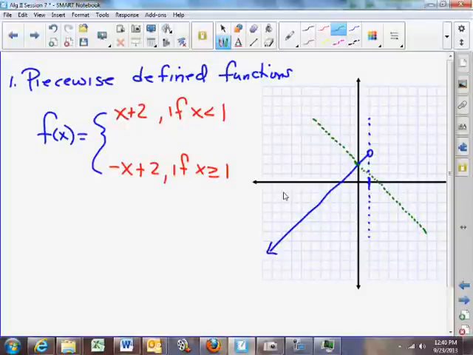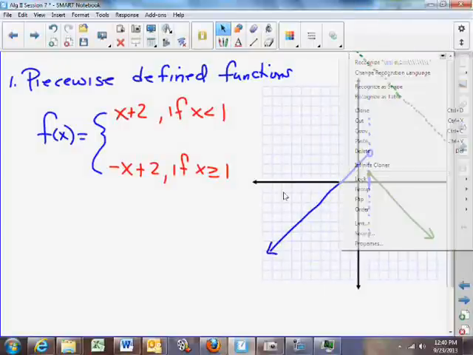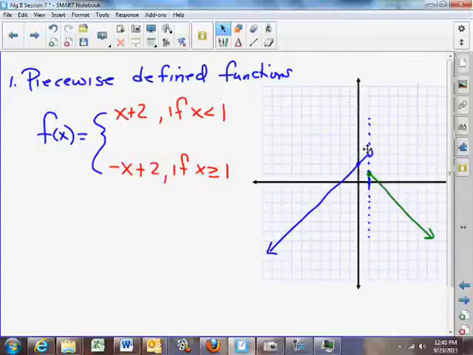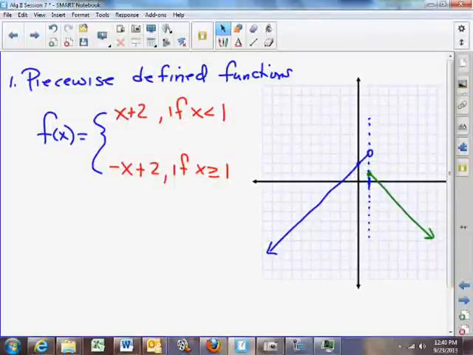Once again, we're going to use that only to the right, at 1 and to the right. So that would be this part right here. The rest of this green line, even though it does really exist, we would not use. So this would be the graph for this piecewise defined function.